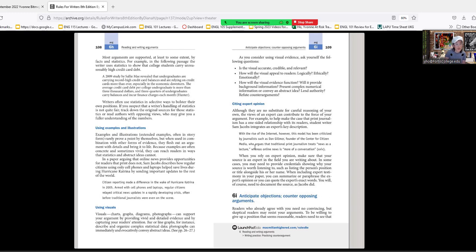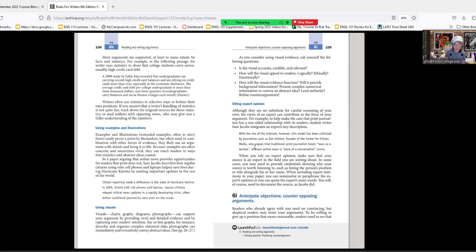The average credit card debt per college undergraduate is more than $3,000, and 3/4 of undergraduates carry balances and incur finance charges each month. Writers often use statistics in selective ways to bolster their own positions. If you suspect that a writer's handling of statistics is not fair, track down the original sources in order to have a better understanding of the numbers.